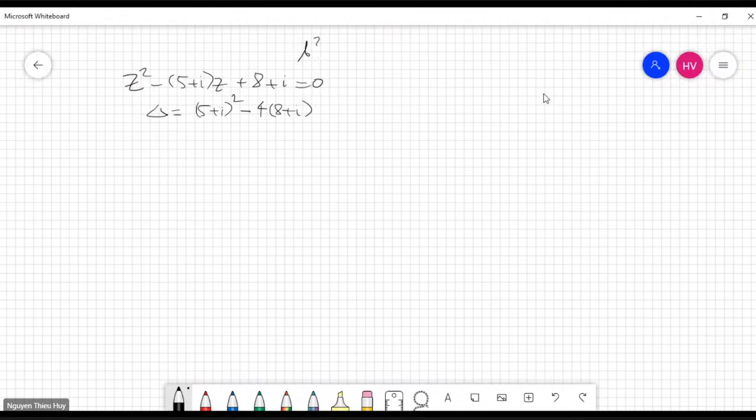So this is b square minus 4ac, it's delta. And after computation, what do you obtain? Can you compute fast? Actually, it's minus 8 plus 6i.